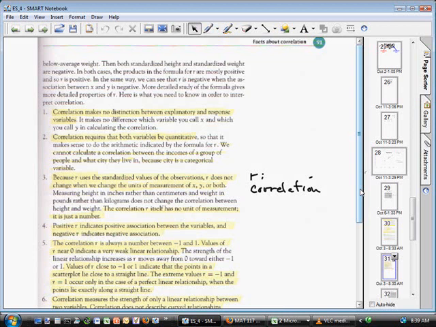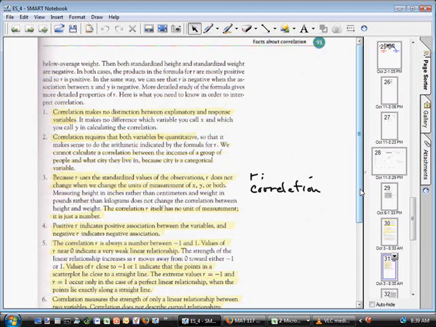Three, because r, that's correlation, uses standardized values of the observations. Remember how we used x bar and y bar a few minutes ago, and s sub x and s sub y, and then we calculated the standardized x and the standardized y. Because r uses standardized values, r does not change when we change the unit of measurement of either one or both.